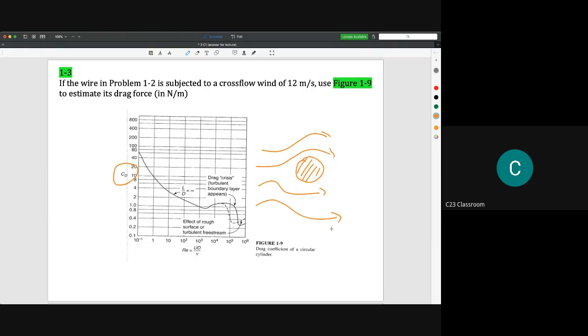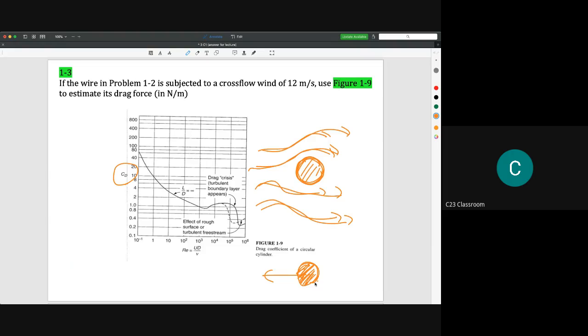One is the object is static and the fluid is flowing with a certain velocity. Or the reverse condition, where the object is moving at a certain velocity inside a fluid which is static in the first place.